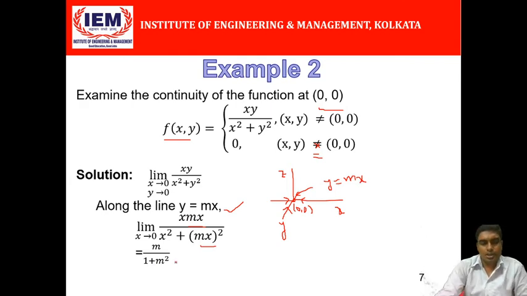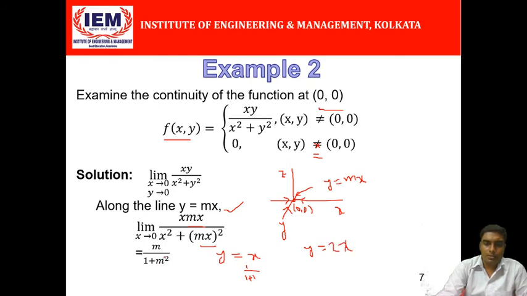So if I approach the 0, 0 point by a straight line, let's say y equal to x, where the m value is 1, then the value of the limit will be 1 by 1 plus 1, that is 0.5. Now if I approach, let's say, y equal to 2x, that is another straight line, right.